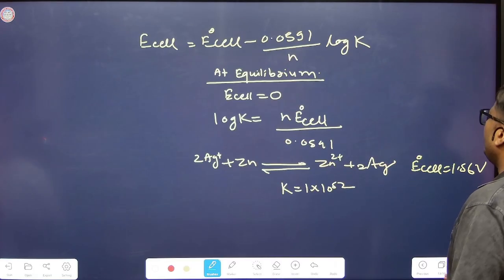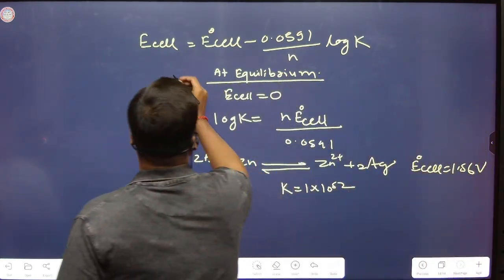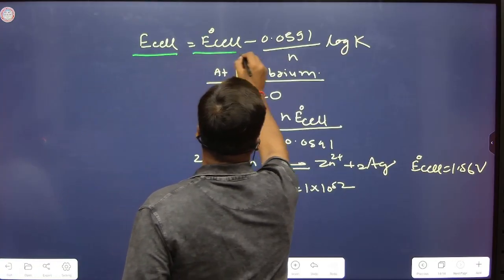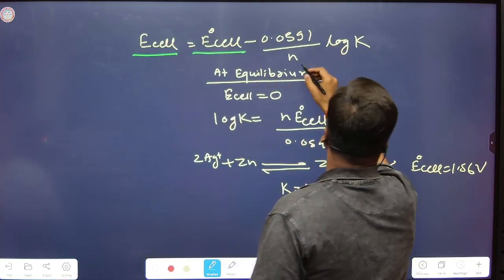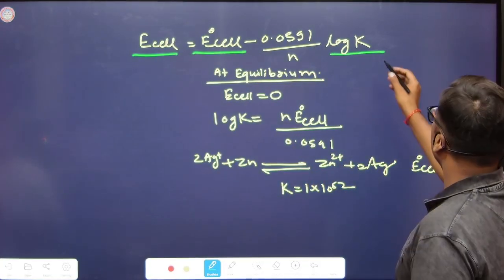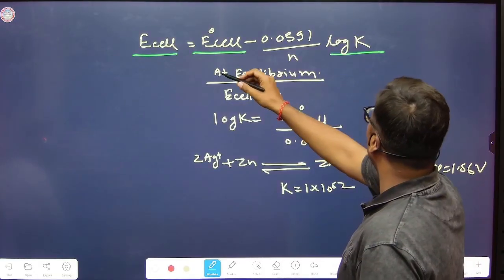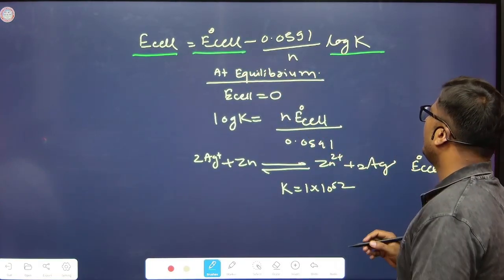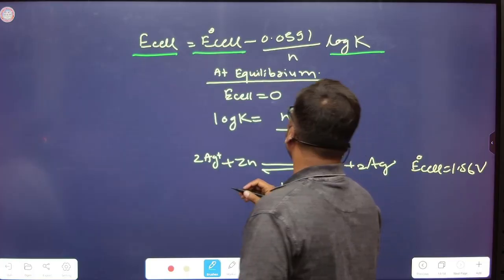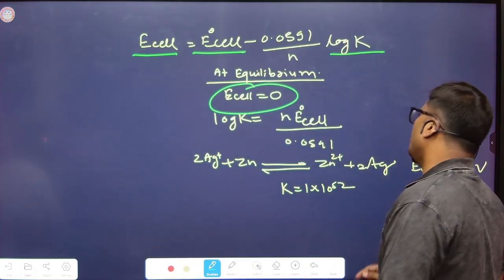So these are the values, and you know that E cell equals E naught cell minus 0.0591 upon n log K, right? So this is the relation, and the next relation is between the cell potential and the equilibrium constant. But at equilibrium, E cell attains the value of 0 volt, right?